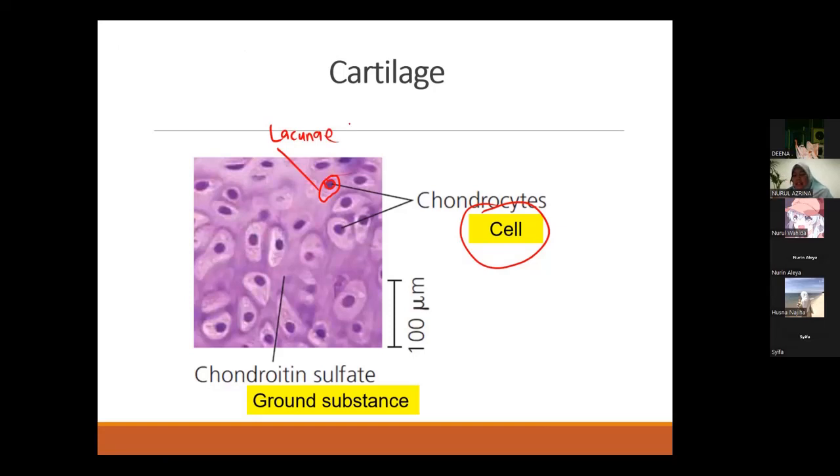And then here are the components of the ground substance, one of which contains chondroitin sulfate. So this is what you can see under the microscope on the structure of cartilage. Besides chondroitin sulfate in the ground substance, you might also have fibers, but not really clear in this picture.